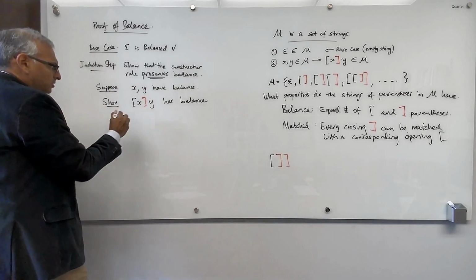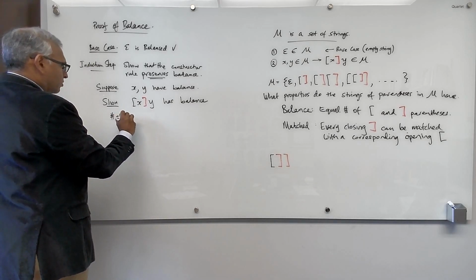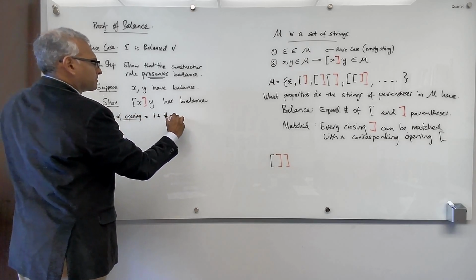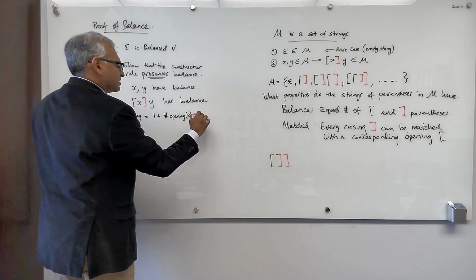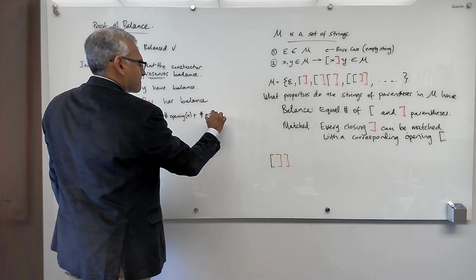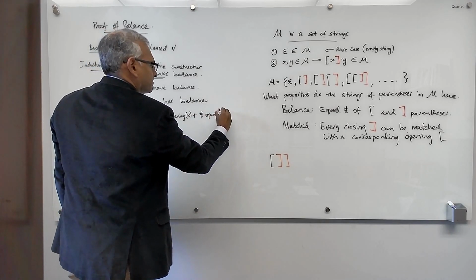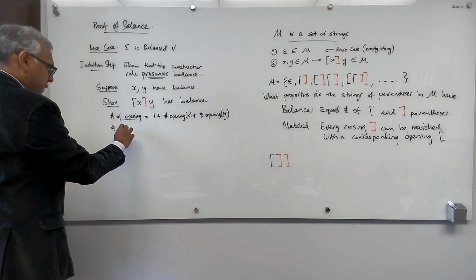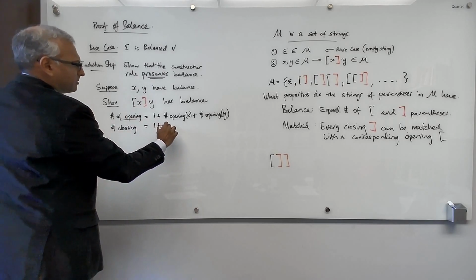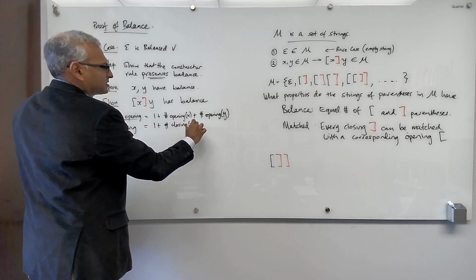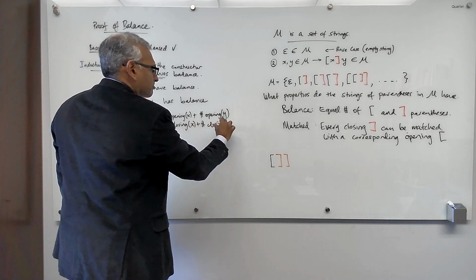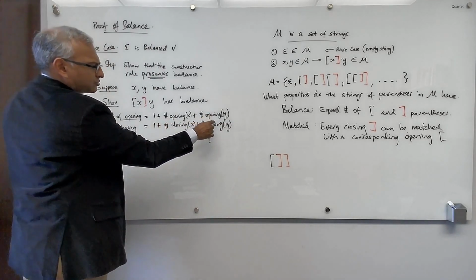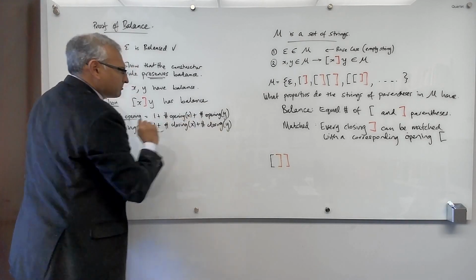So you've increased the number of opening by 1, and the number of closing by 1. So the number of opening equals 1 plus the number of opening in X plus the number of opening in Y. The number of closing equals 1 plus the number of closing in X plus the number of closing in Y. But since these two are equal, and these two are equal, the top sum and the bottom sum are equal.